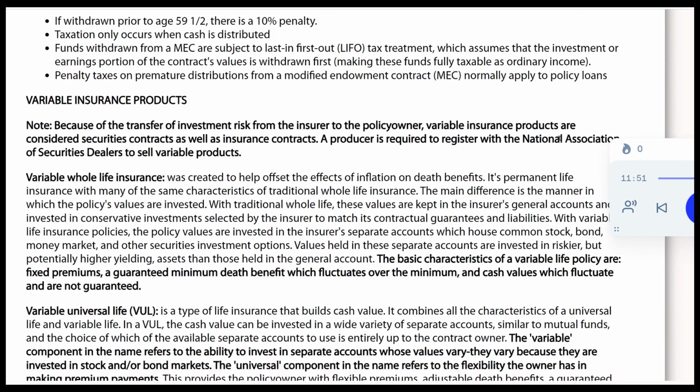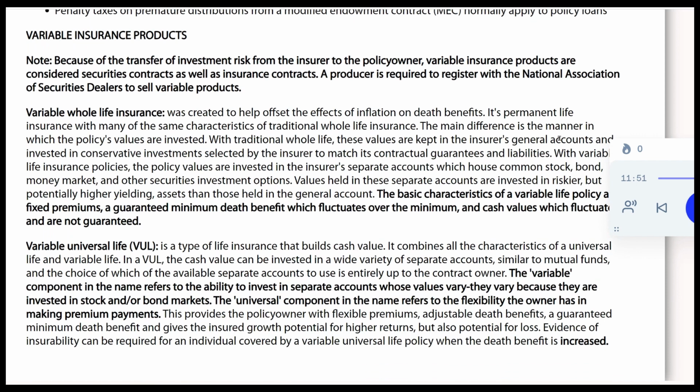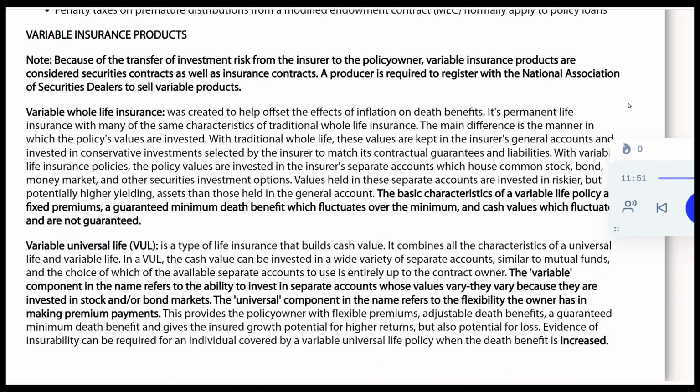Values held in these separate accounts are invested in riskier, but potentially higher yielding, assets than those held in the general account. The basic characteristics of a variable life policy are fixed premiums, a guaranteed minimum death benefit, which fluctuates over the minimum, and cash values which fluctuate and are not guaranteed.